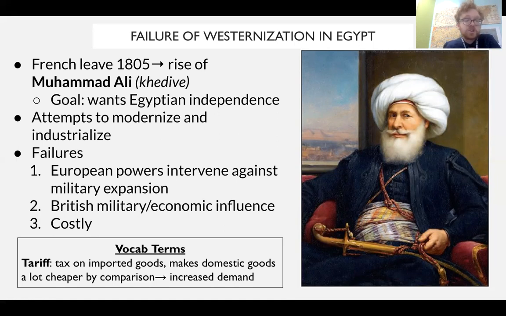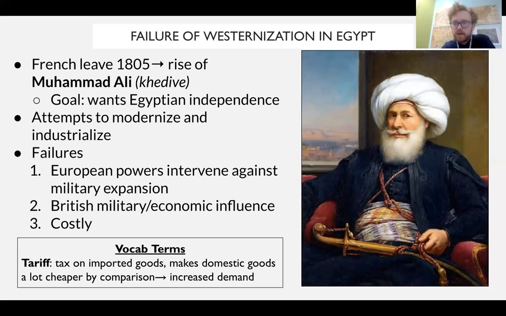He wants to build shipyards to have a modern navy. He has all of these big ideas. And in order to pay for all of this, he is going to buy Egyptian grain from peasants and then sell that grain to Europe, sell that grain to the British.